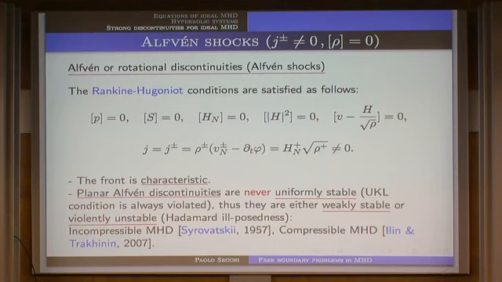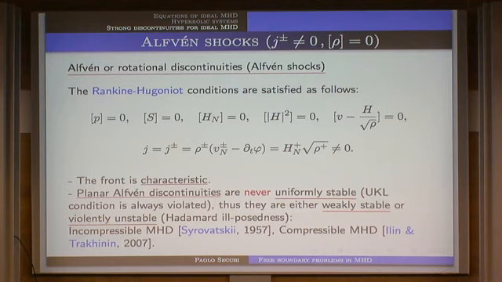And it is known that for the constant coefficient case, the constant coefficient linearized equations, which means planar Alfvén discontinuities, they are never uniformly stable. So the UKL condition is always violated, never satisfied.